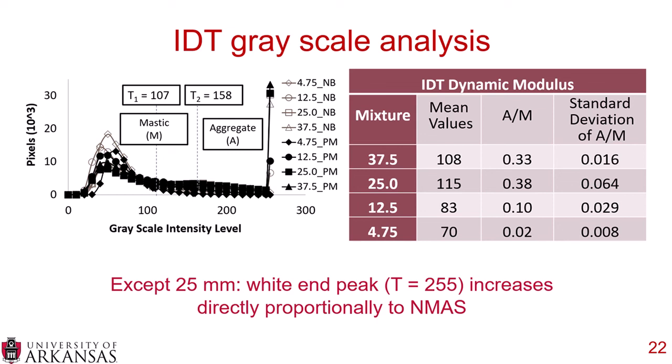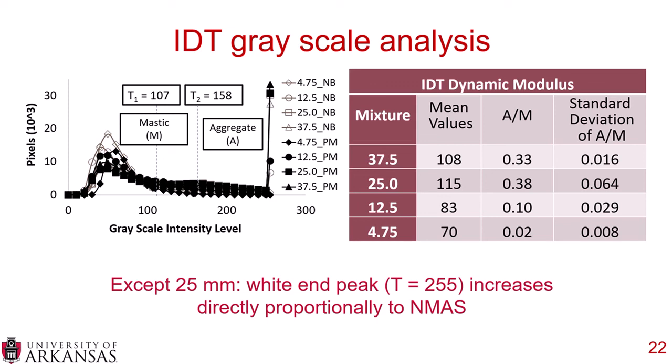So the very top values there, 255 on the graph on the left, those are the largest aggregate sizes, and then they go down significantly as the nominal maximum aggregate size decreases. But these are relatively similar trends to what we saw in the uniaxial. The only difference is that the 37.5 drops a little more. There's a little bigger difference between the 25 and the 37.5 aggregate sizes with both the mean values and the A/M.